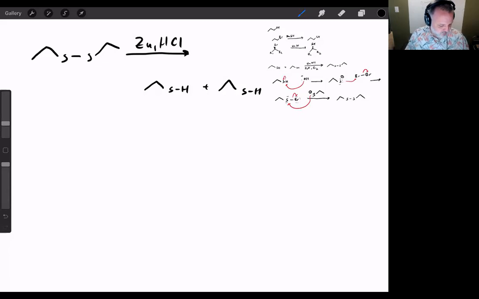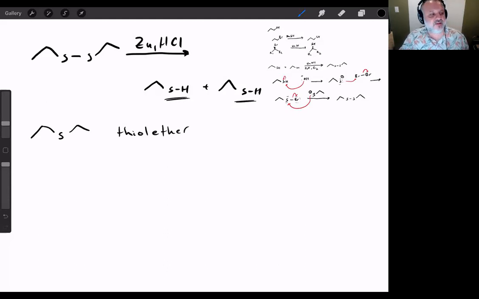Sorry, these aren't sulfides, they're thiols. A sulfide is the analogous situation to an oxygen ether, a thioether, except unlike the oxygen ethers, they are reactive.